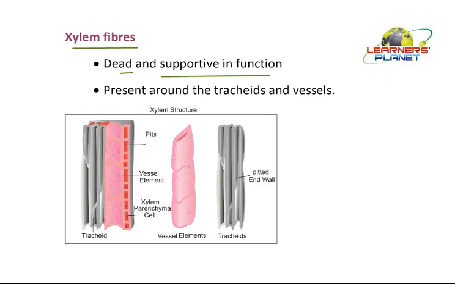We have studied sclerenchyma, right? What are the basic properties? They are dead in nature, they are supportive in nature, and the cells are fibrous in nature. So these xylem fibers are made up of sclerenchyma tissue. So sometimes it is also known as xylem sclerenchyma, the fibrous type. As they are dead in nature, what is the next important property?